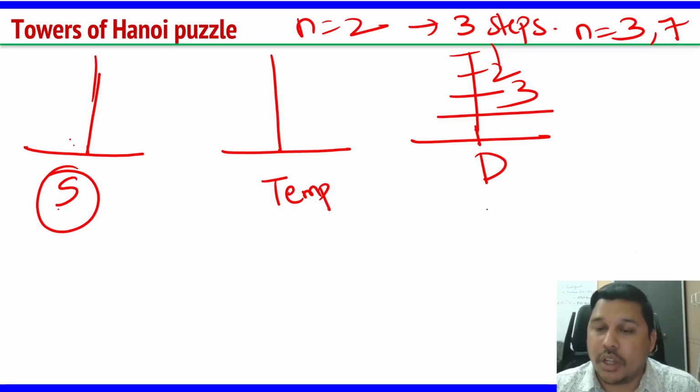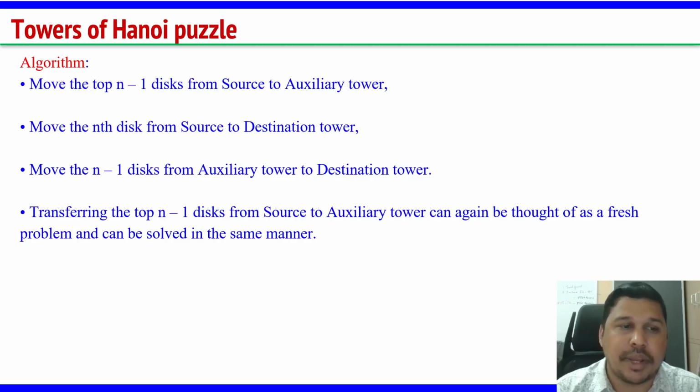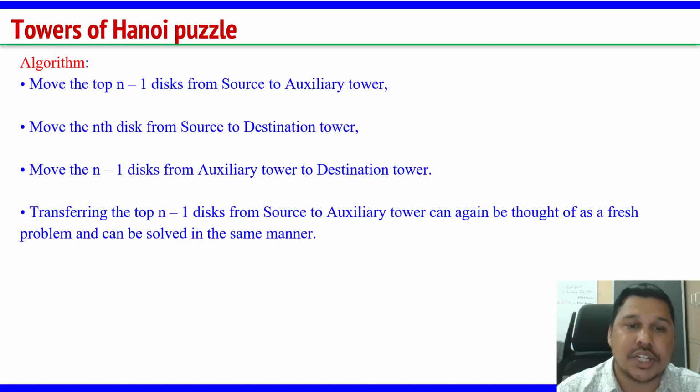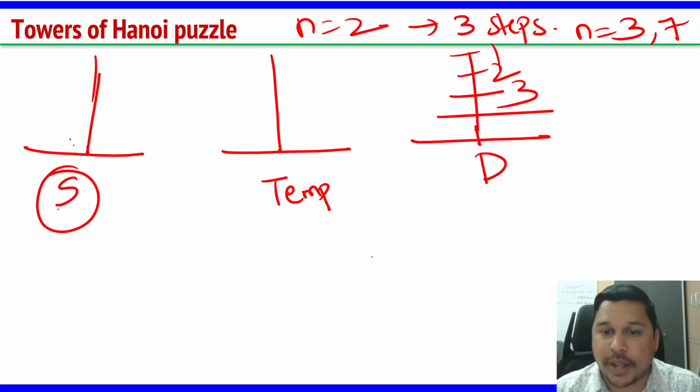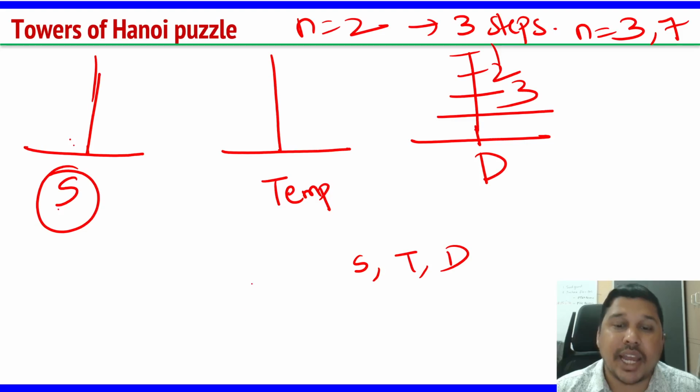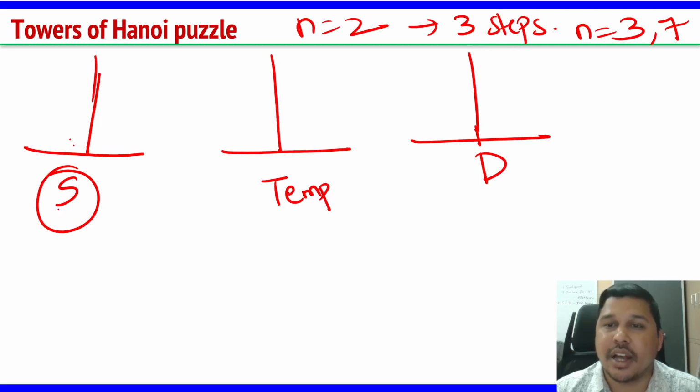Here the logic is different, but you have to think about what could be our source, destination and the temporary. So we have 3 things: source, temporary and destination. From where are you shifting, using whose help are you shifting those elements, that you have to take care. So let us see the analysis how we try to do.